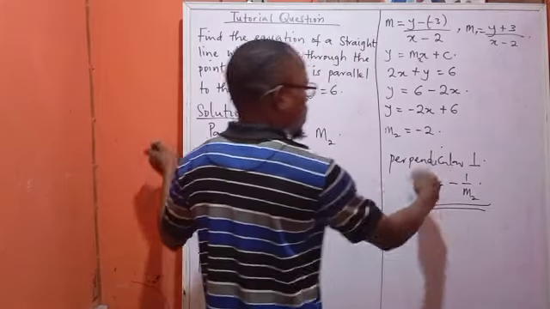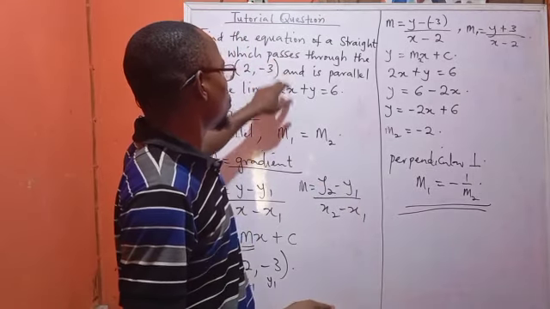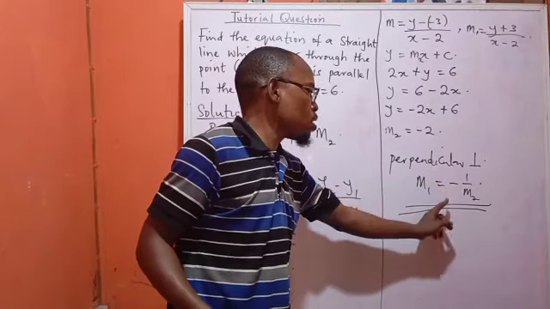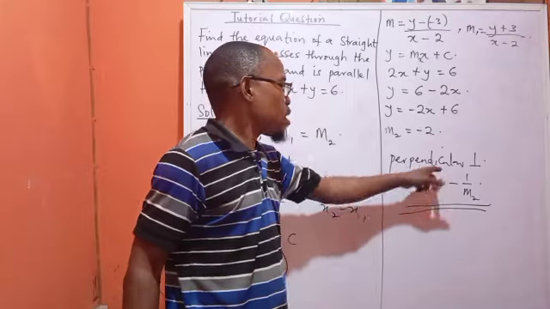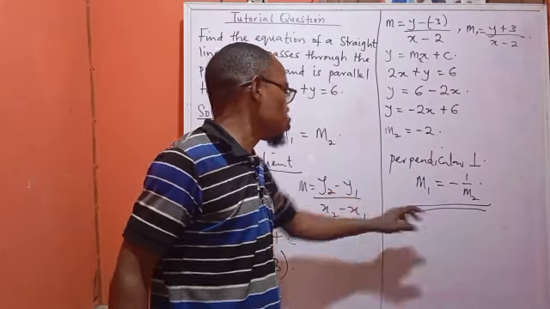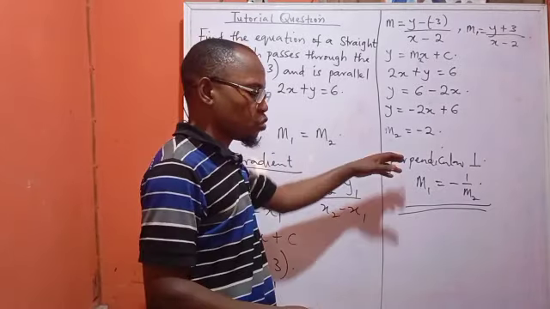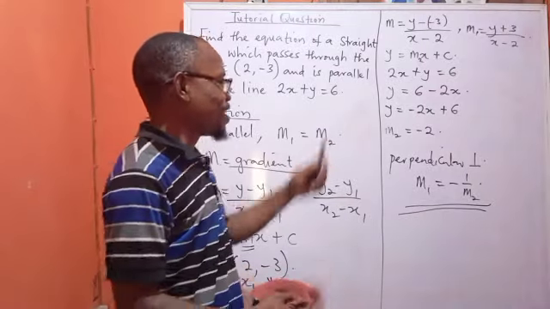This is the formula to use when the two lines are perpendicular to each other, and when they are parallel, you use m1 equals m2. So this is like a bonus equation, take note of it.